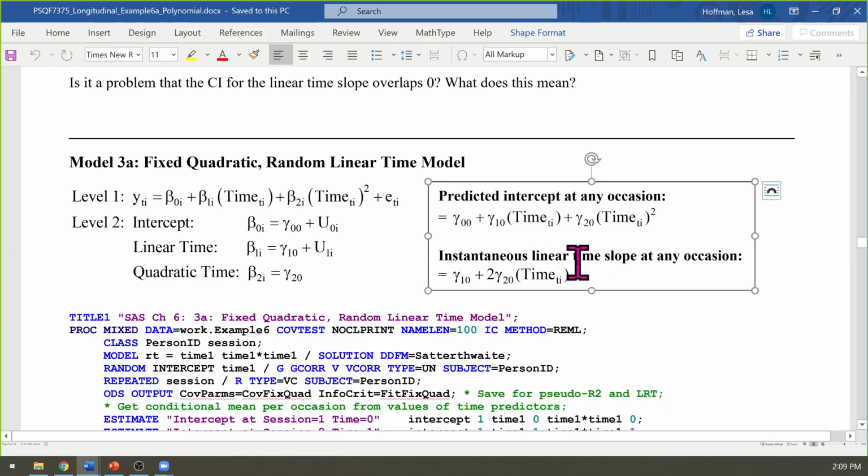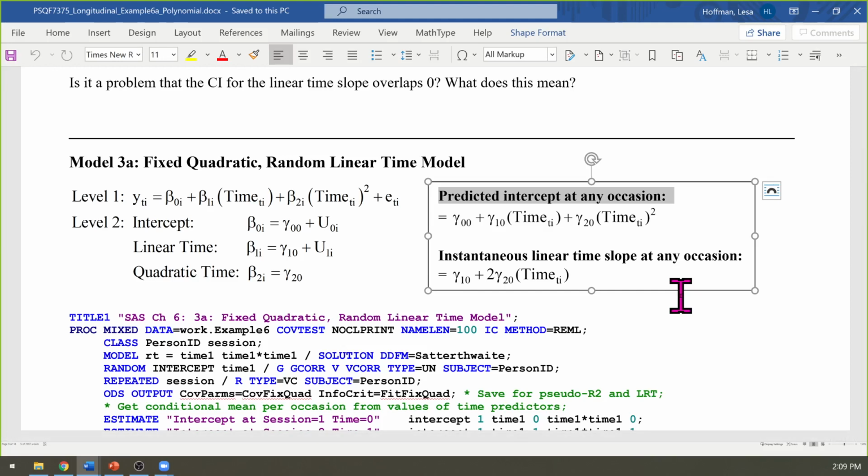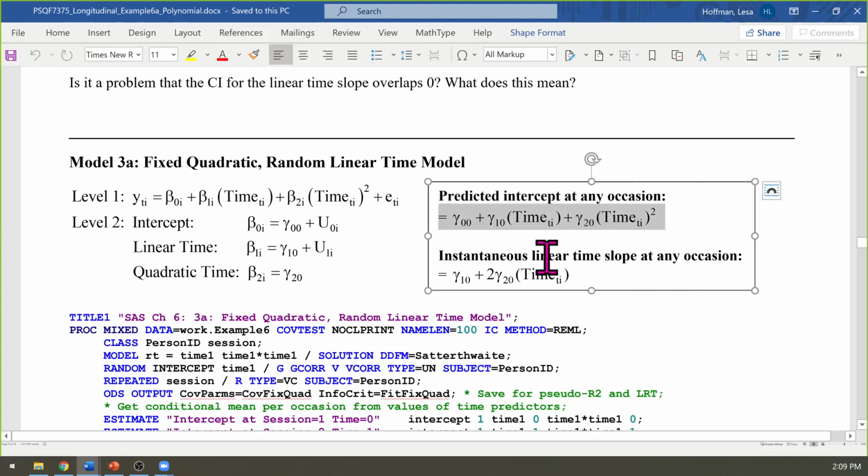So the trick to this is remembering when to take time and square it versus multiply it by 2. That's the trick to this. When you are creating a predicted intercept at each occasion, so to me the term intercept is synonymous with conditional mean or expected outcome, all of the fixed effects of the model are involved.